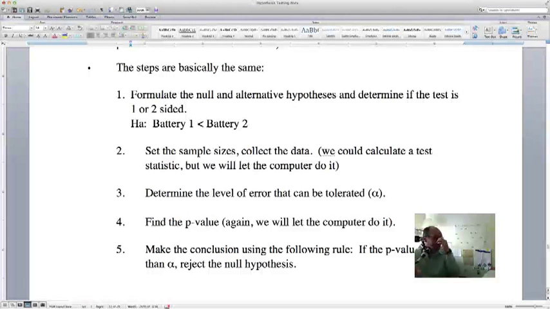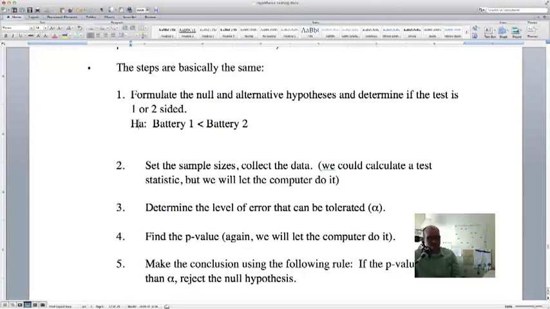And we're going to do that same thing in these cases, right? So we're going to move things around. So really, this is the mu of battery 1 is less than the mu of battery 2. It can be rewritten as the mu of battery 1 minus the mu of battery 2 is less than 0.